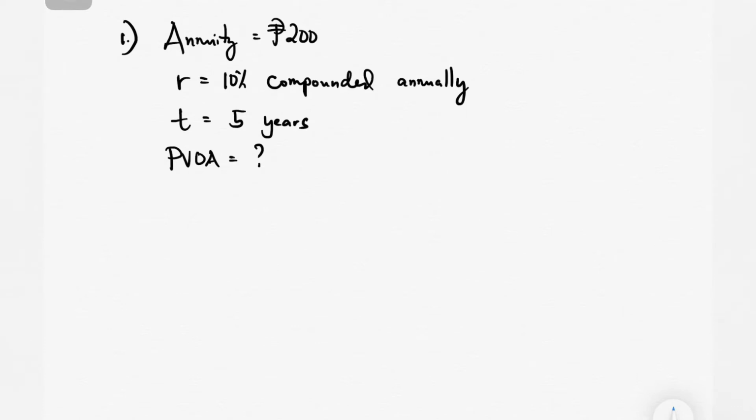So you have a 5-year timeline. And then your annuity is 200. I wrote the cash flows at the end of each period because this is an ordinary annuity problem. And then the task is to compute the present value ordinary annuity.